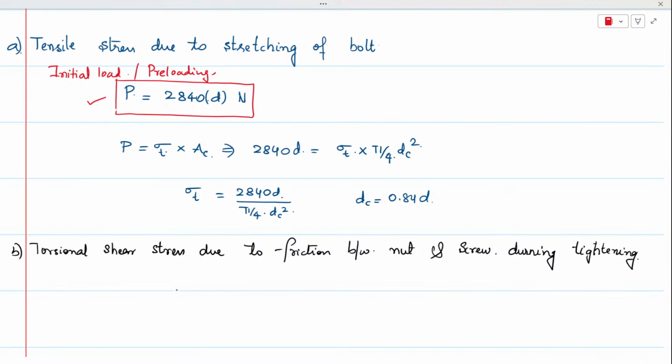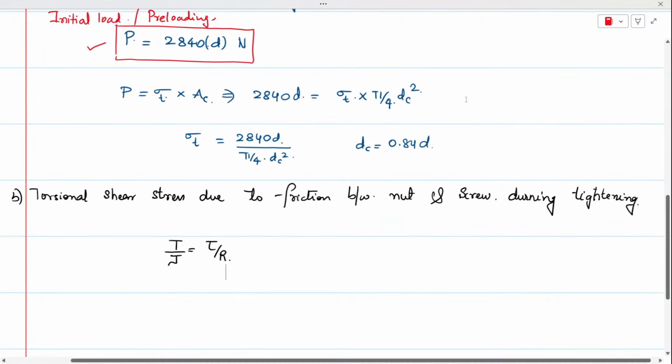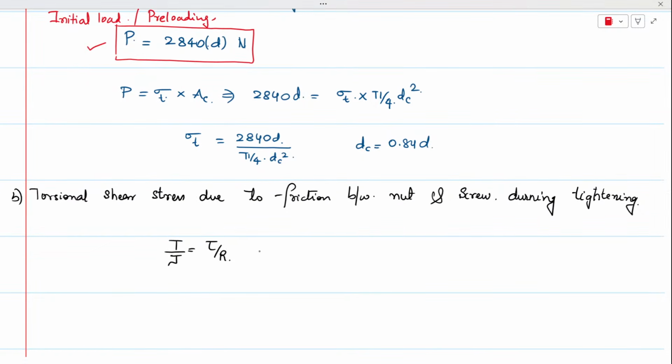So that is given by T by J is equal to tau by R. Here T is the torque that has been imposed on the nut. If you consider this assembly, due to the interaction of solid surfaces, definitely there has to be friction present.